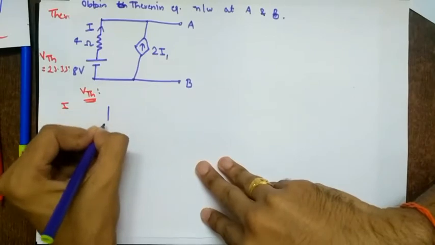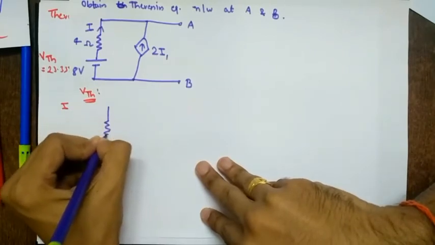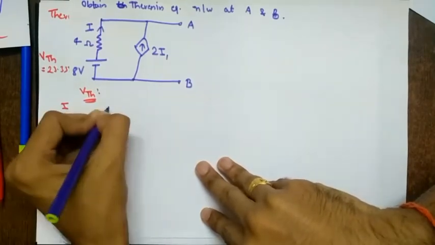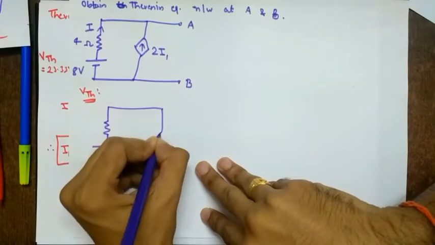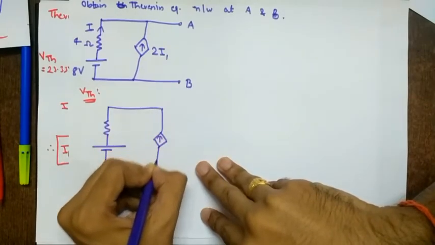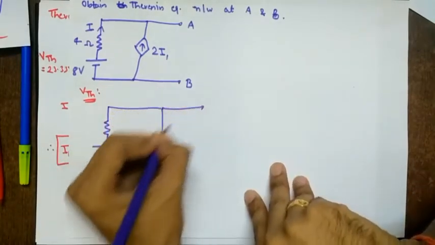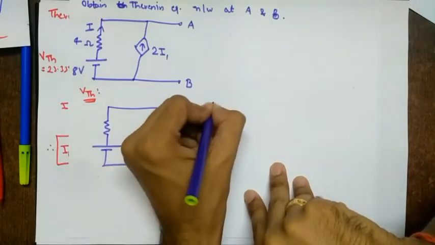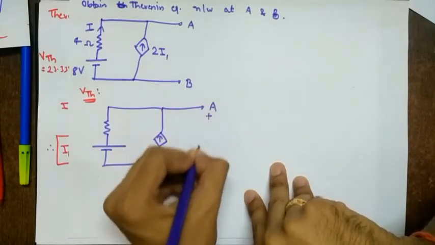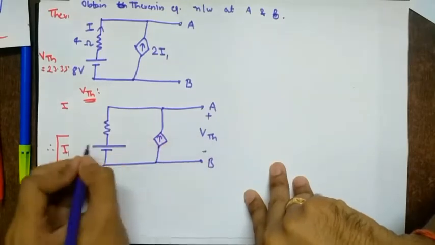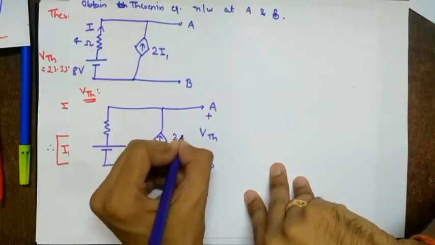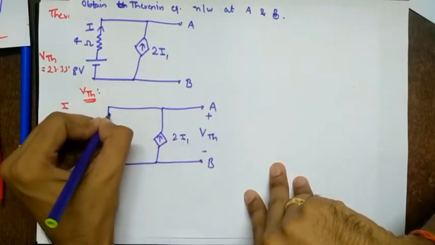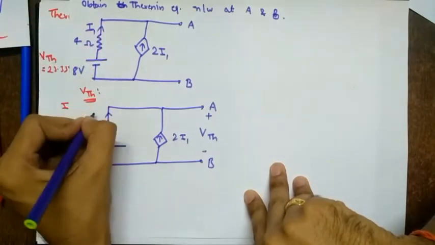So let me redraw the diagram. This is A, B, let's take plus minus in this way, and this is VTH. This is 2I1, this is not I, this is I1.